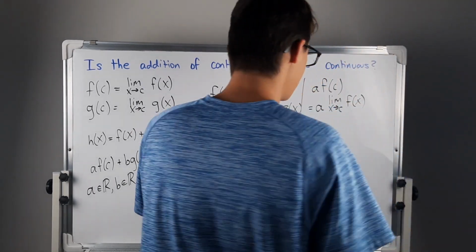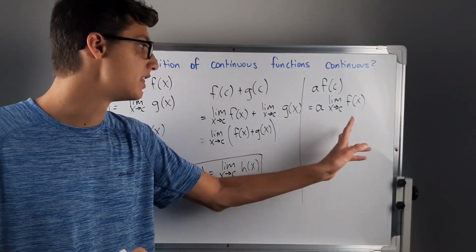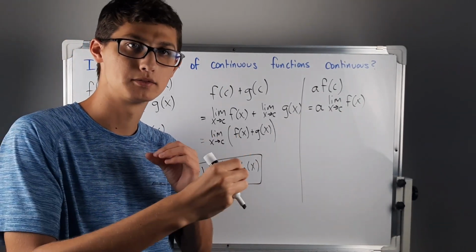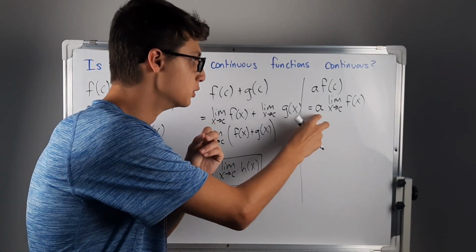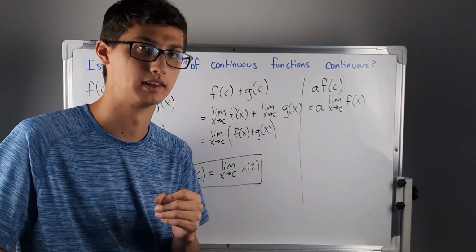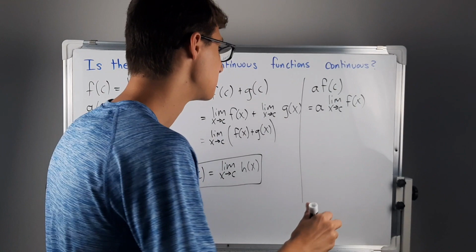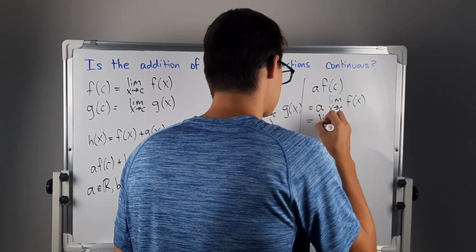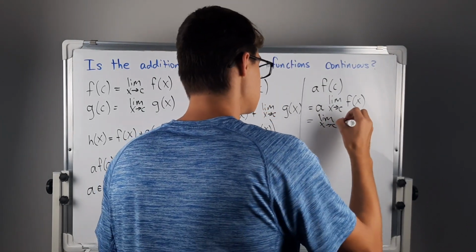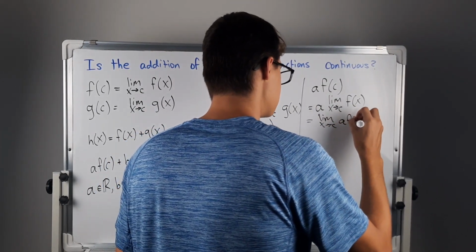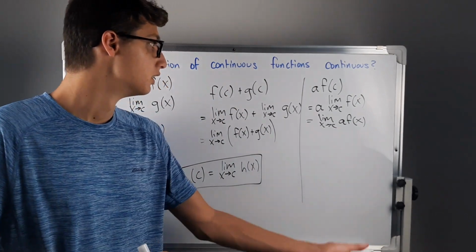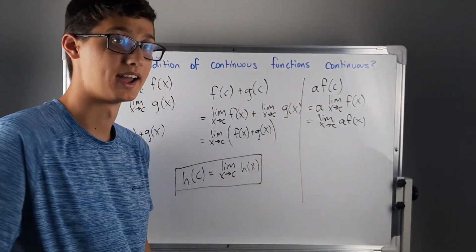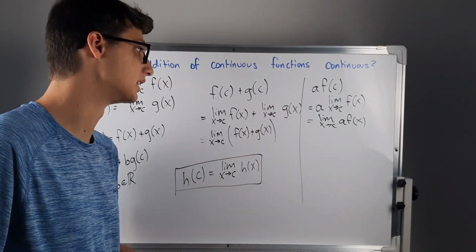And so from here, we can just remember that you can move this constant inside of the limit. That's yet another limit property. So then this would be equal to the limit as x approaches c of a f of x. So then what we have is a f of c equals the limit as x approaches c of a f of x. Same sort of thing that happened here.